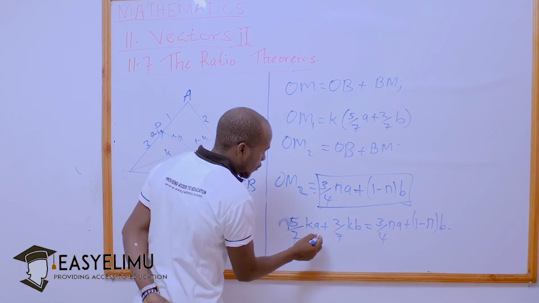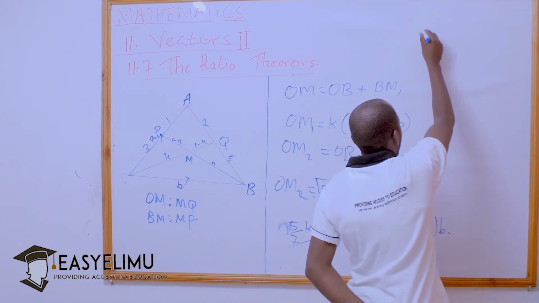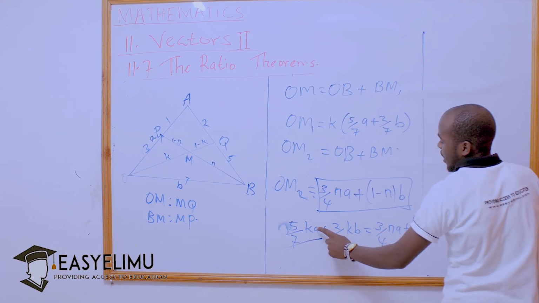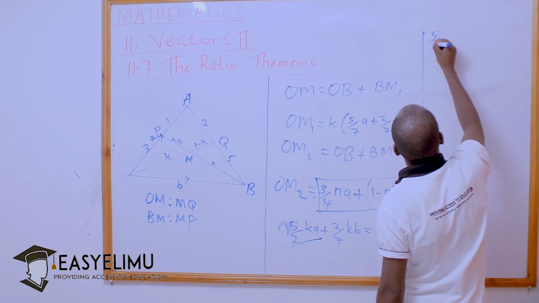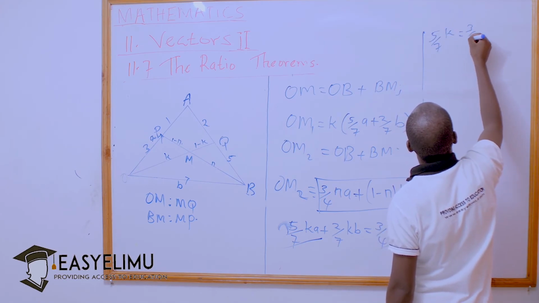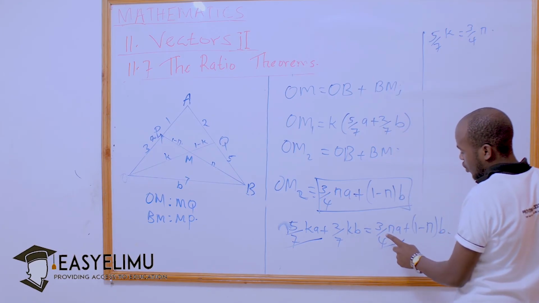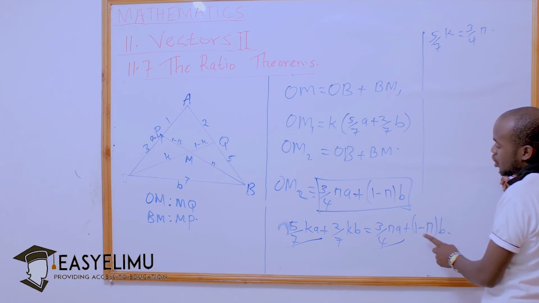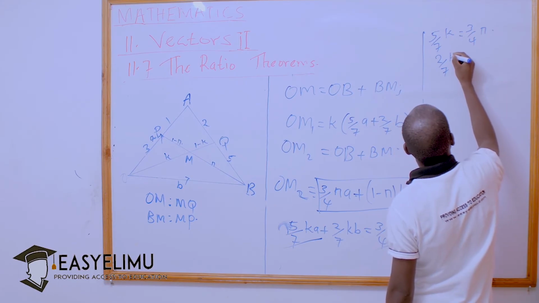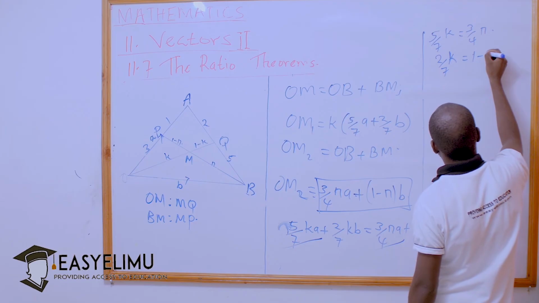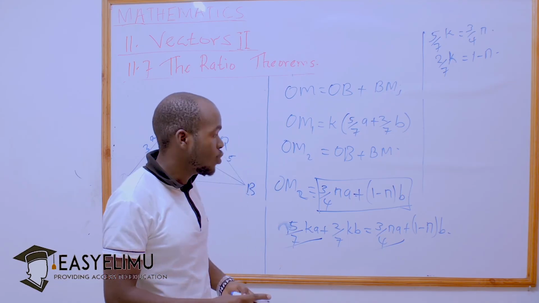So we shall equate the coefficients of the given letters. So we shall have 5 over 7 Ka is equal to 3 over 4 Na. So we have 5 over 7 K is equal to 3/4 N. The other one is 2 over 7 Kb is equal to 1 minus Nb. So if we equate, we are going to have 2 over 7 K is equal to 1 minus n. So that is what we shall find, because a will cancel out, the same to b.